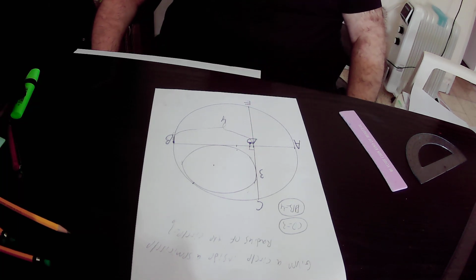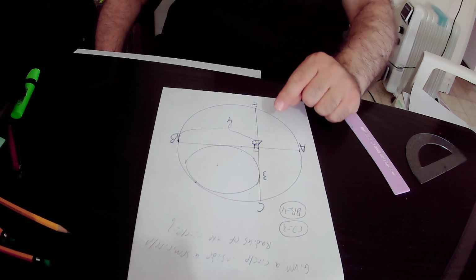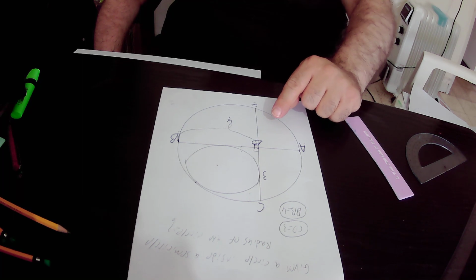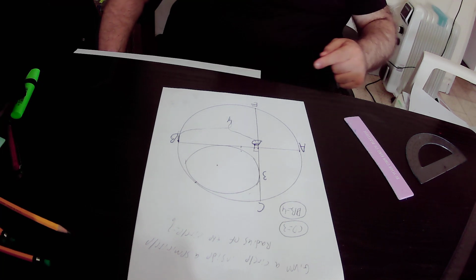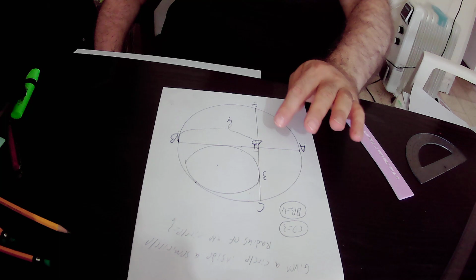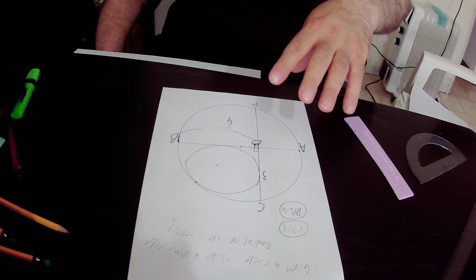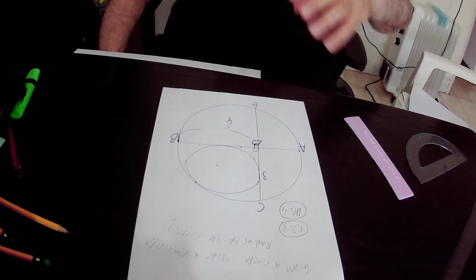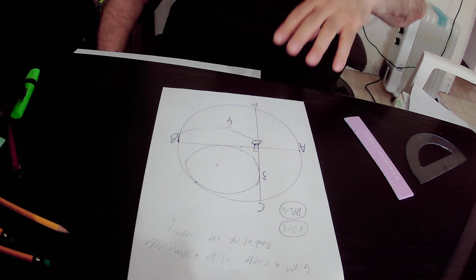And line segment ED is also the mirror image of the original line segment CD. Because ED is a mirror image of CD, they must be equal in length. Those two line segments must be equal in length, and they will be opposite in direction, but they must be equal in length.